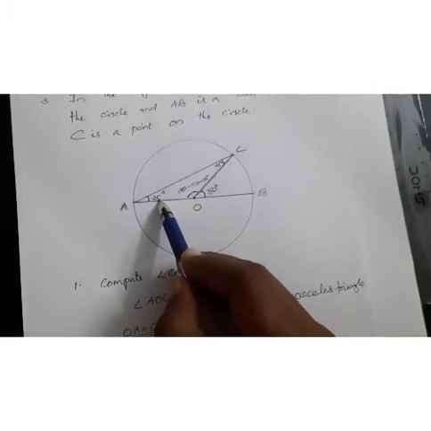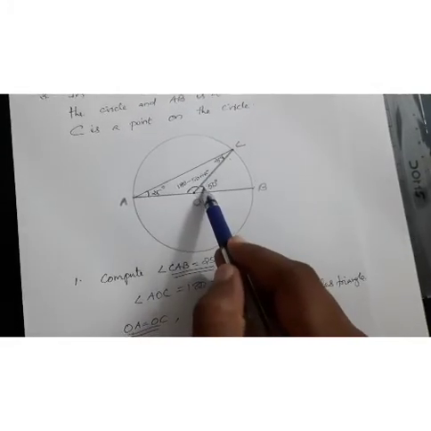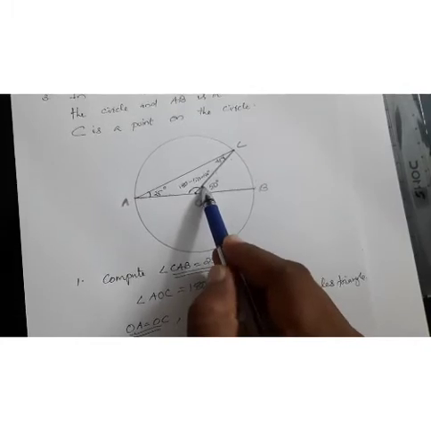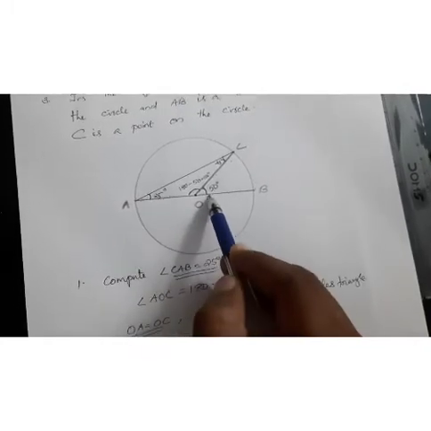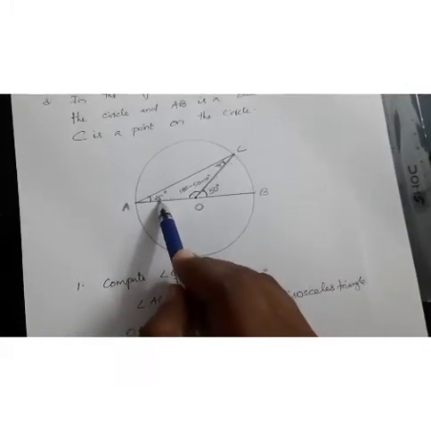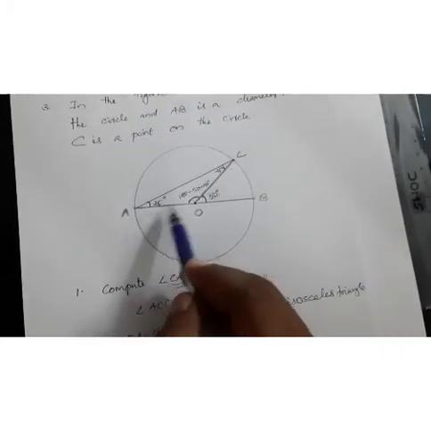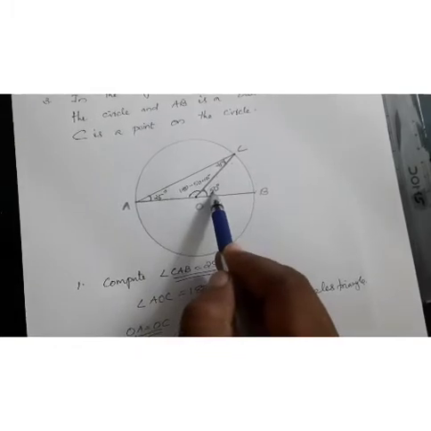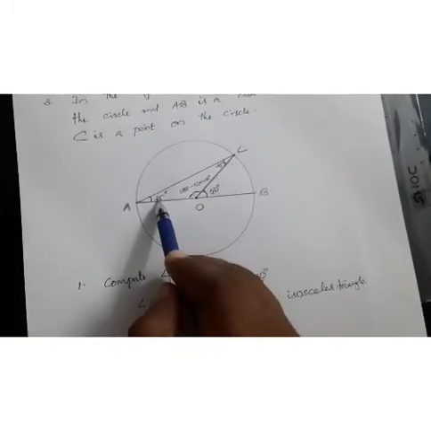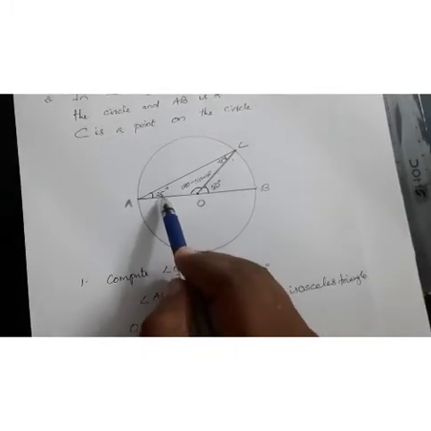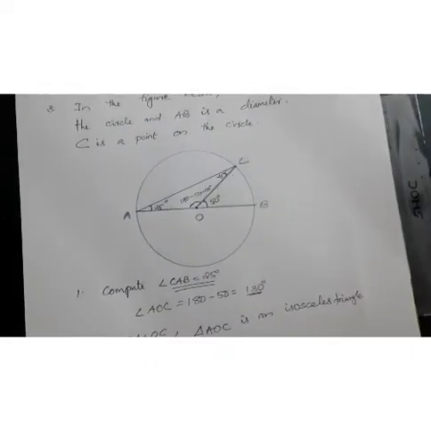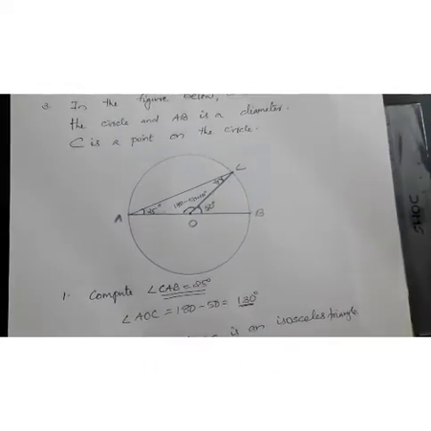So like these questions, if this angle is given, you can directly take the half. So if this is 50, this is 25. If it is 60, that is 30. Take the half of this. That is the speciality of this question.